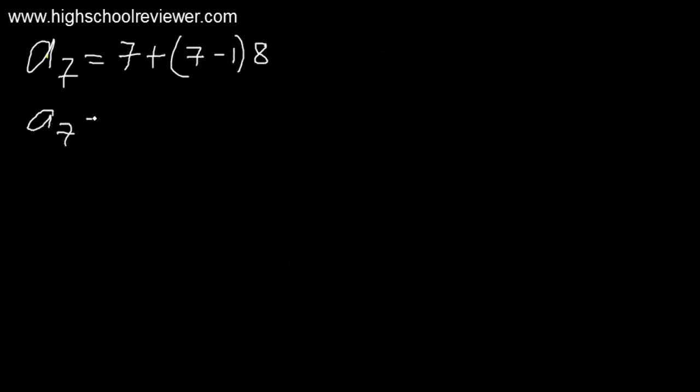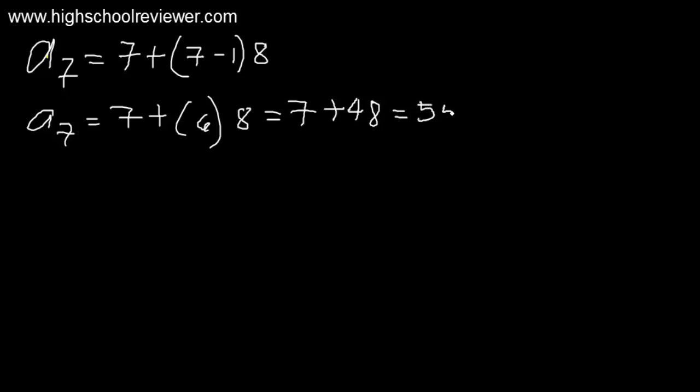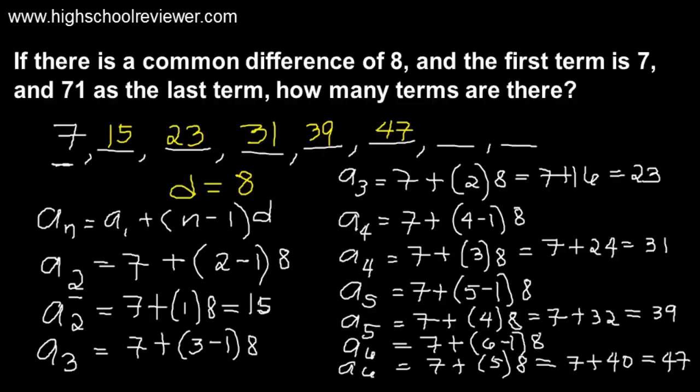Our a sub 7 here would be equal to 7 plus 7 minus 1 is 6 multiplied by 8. This will be equal to 7 plus 48, so this will be positive 55. Okay, so let's put it here. A sub 7 is equal to positive 55.